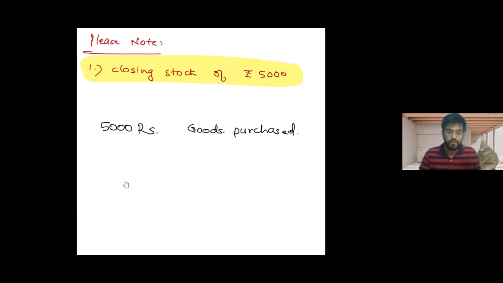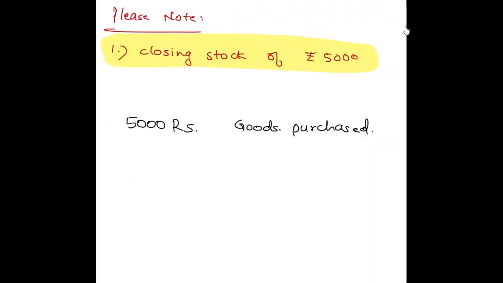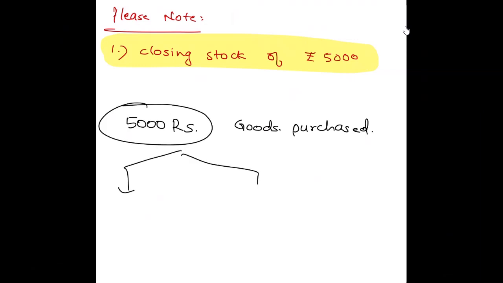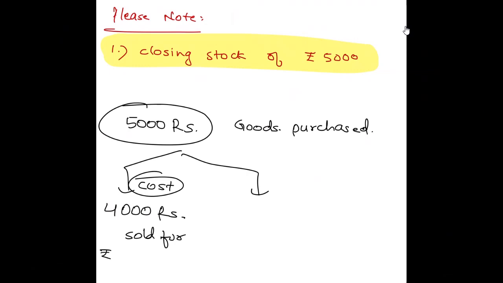Now just understand, we are calculating the profit and loss. So what should be the calculation in that case? 5,000 rupees goods has been purchased. Out of this 5,000, 4,000 rupees cost was sold for rupees 6,000.